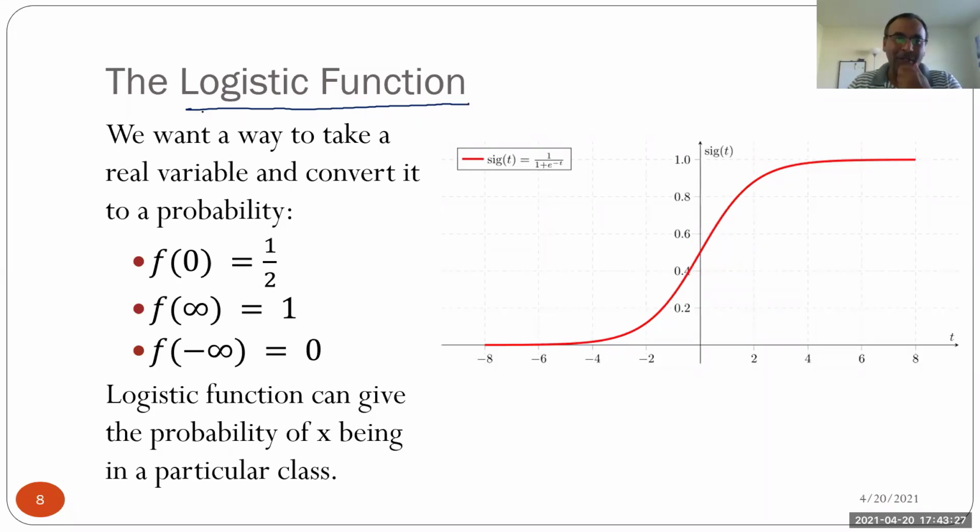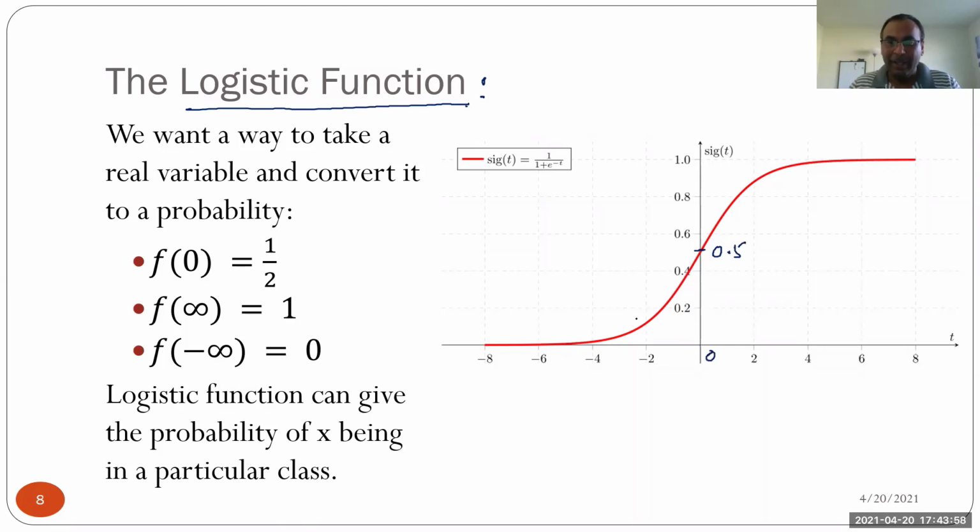Before we get to the logistic regression, let's see what this logistic function is one more time, just for recap, you people know about it already. This is the logistic function, which has a curve like this. It will cross the y-axis at the value 0.5, and that value you would get when x is 0.